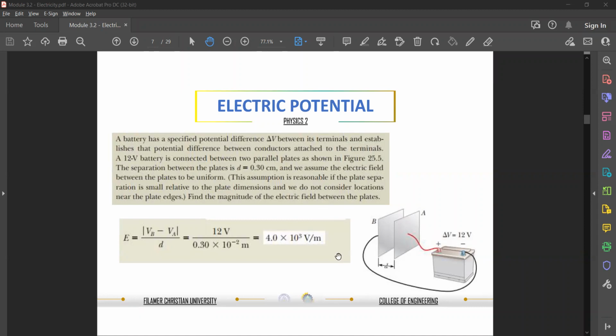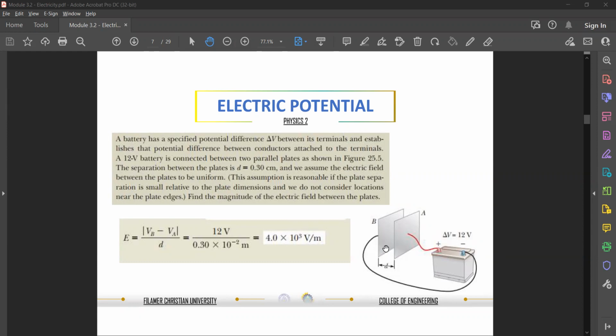A 12-volt battery is connected between 2 parallel plates, as shown in our figure. The separation between the plates is 0.3 centimeter, and we assume the electric field between the plates to be uniform.